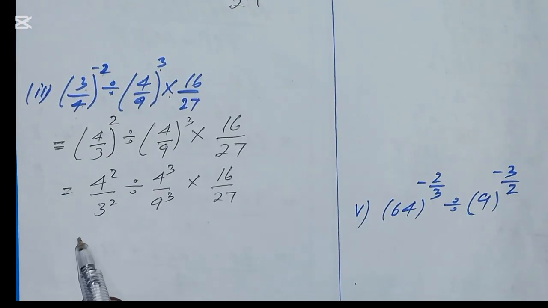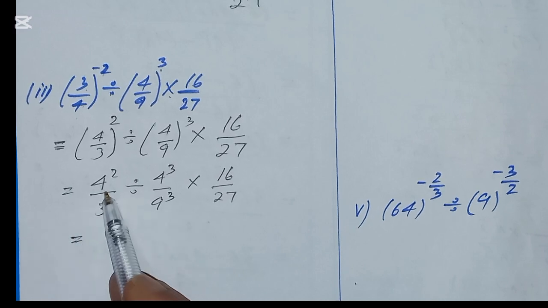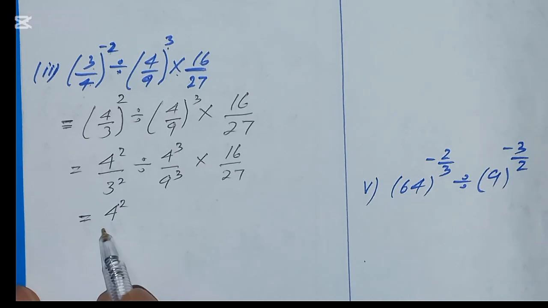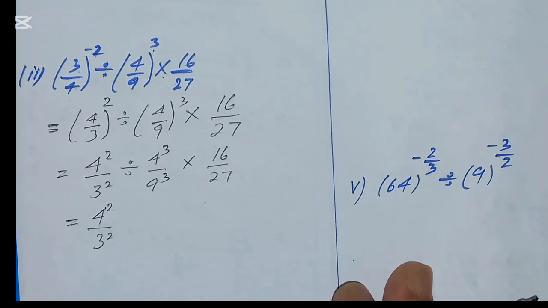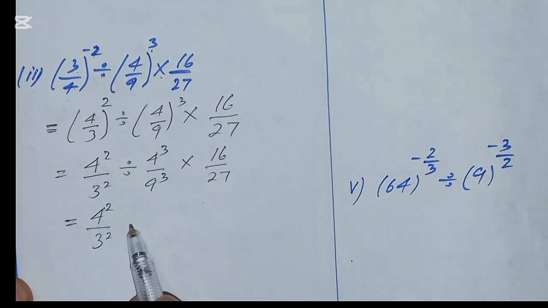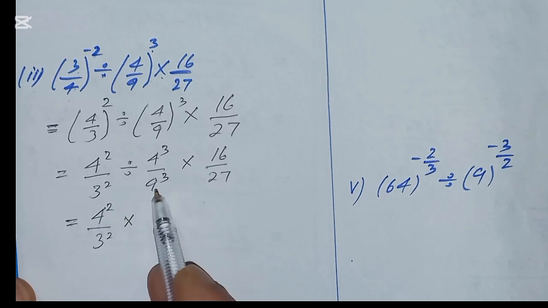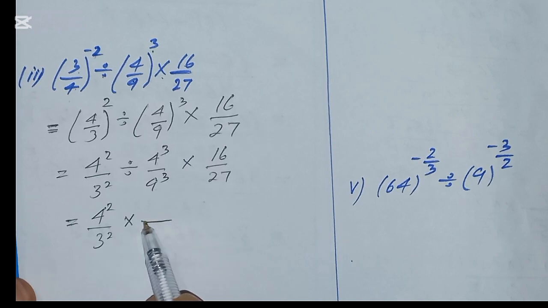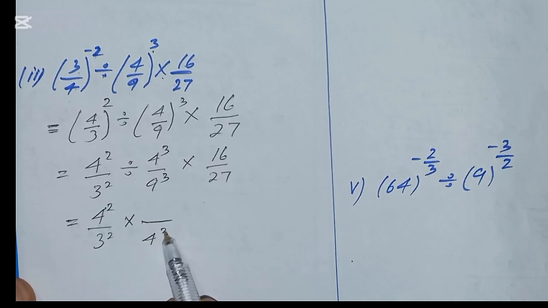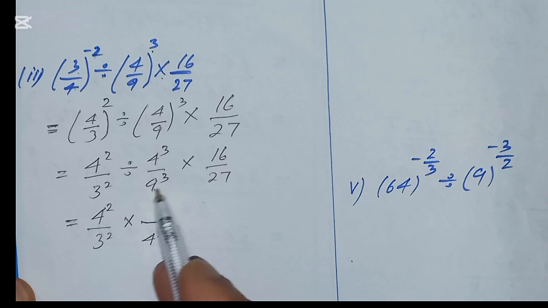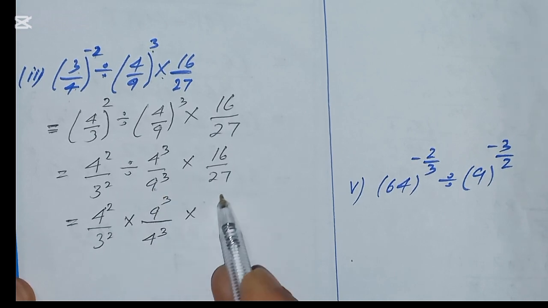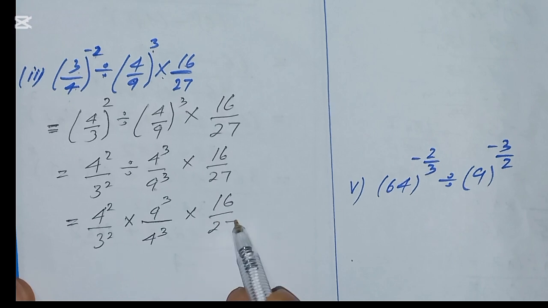Now 4 power 2 divided by 3 power 2. Now this multiply sign changes into division sign and division changes into multiply. So therefore this 4 power 3 comes to the denominator, and the denominator will shift to the numerator, 9 power 3. Multiply 16 by 27.